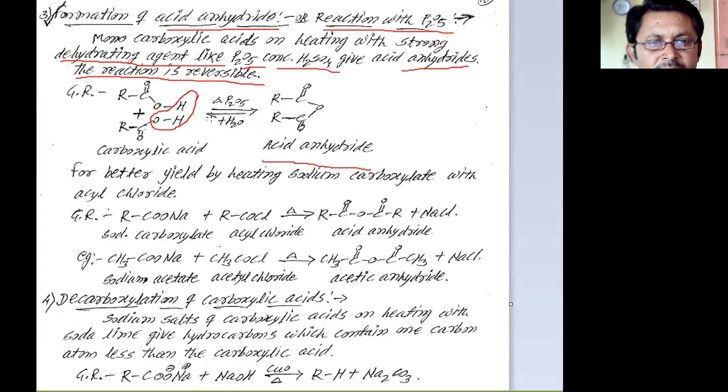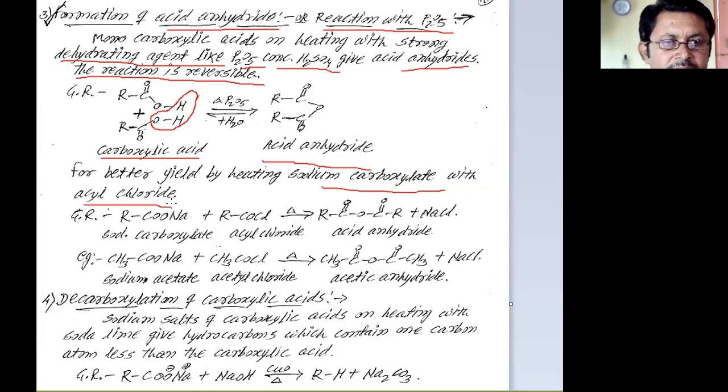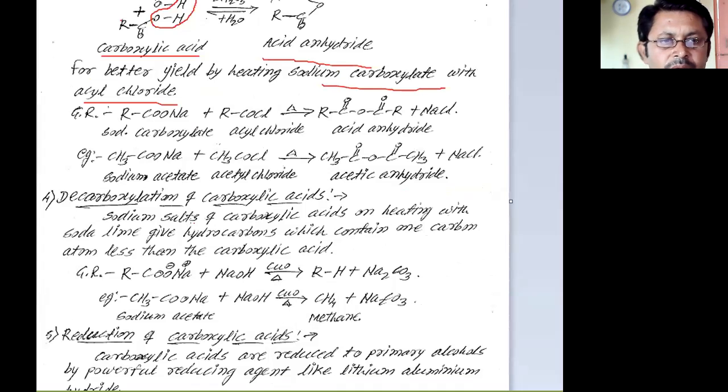But it is a reversible reaction because the removed water further reacts with that acid anhydride. We get the reactant reversely, that is carboxylic acid. Then for better yield, heat sodium carboxylate with acyl chloride. To get a better product, you must take the reaction like that.